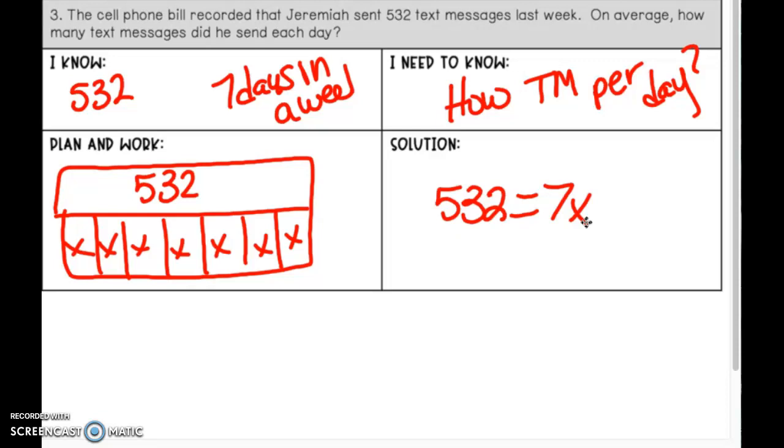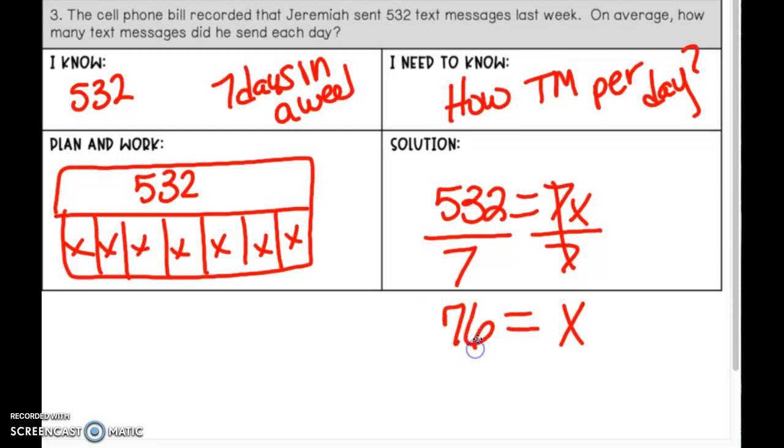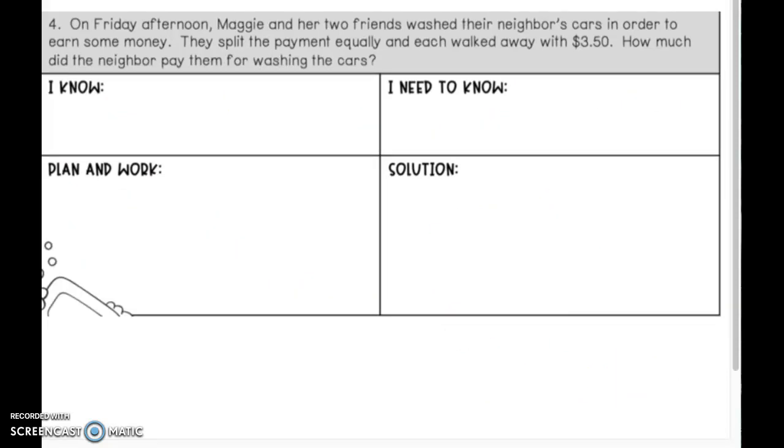The opposite is divide by 7. Whatever we do to one side, we must do to the other. So x is equal to 76 text messages each day. That's way more than I send every day, but I bet that's pretty normal for an average teenager. I'd be curious to see.